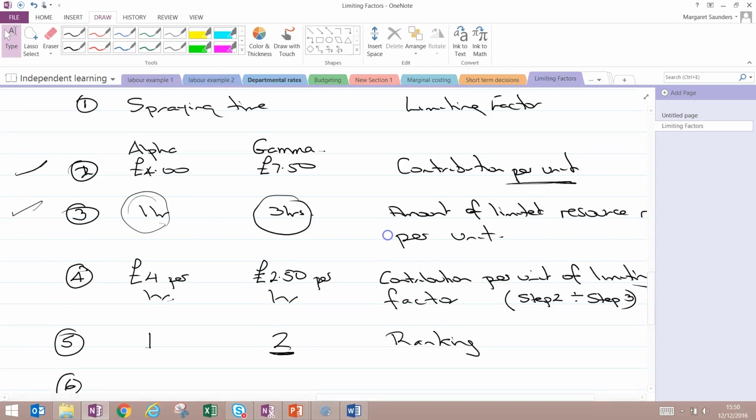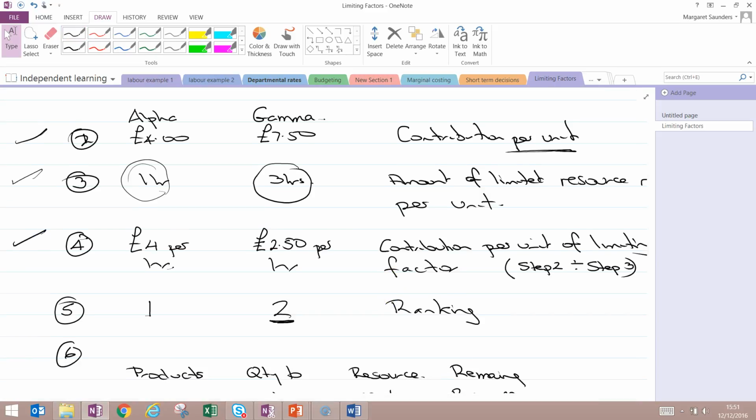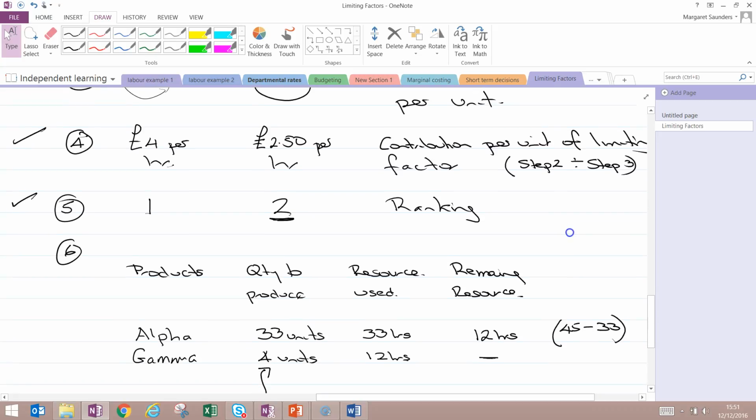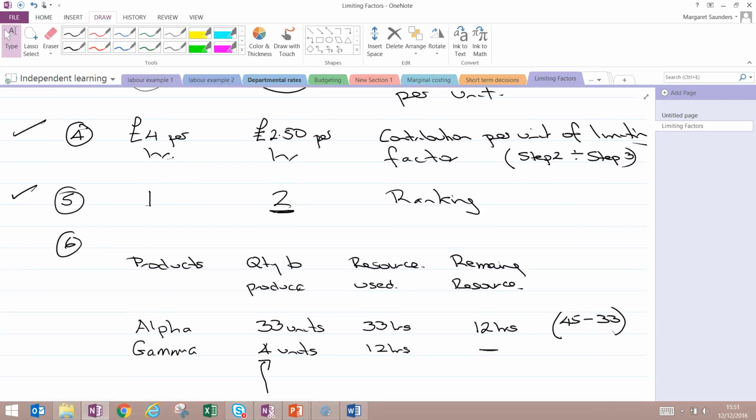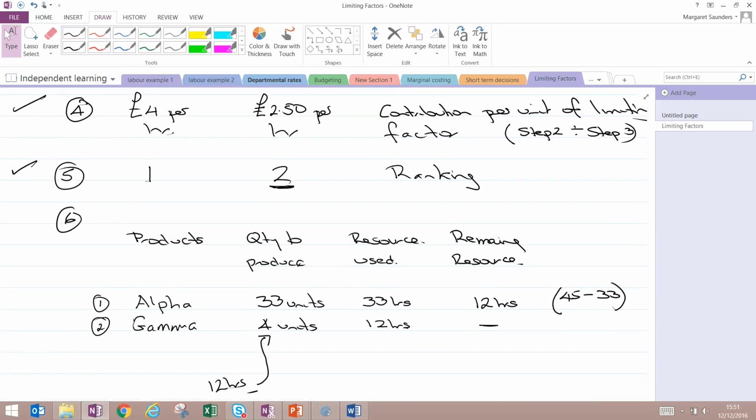That then makes step 4 easy to calculate because we just divided step 2 by step 3, 4 divided by 1, £7.50 divided by 3. Then we rank them, which just literally means numbering them from highest to lowest. And then finally, another separate little table to work out, given the order of production, so we know that alpha was number 1, gamma was number 2, how many of each we could produce in order to maximize the profits.